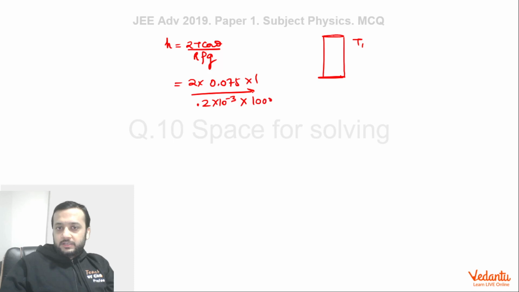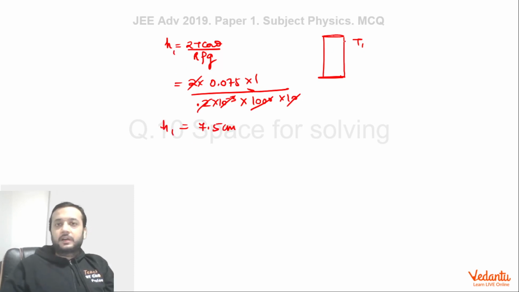Density is 1000, gravity is 10. So the 1000 will cancel out, and 0.2 times 10 will become 2, which will cancel out. Hence this becomes 7.5 centimeters. So if you have a capillary made entirely of material T1, then the height up till which water is going to rise will be 7.5 centimeters.